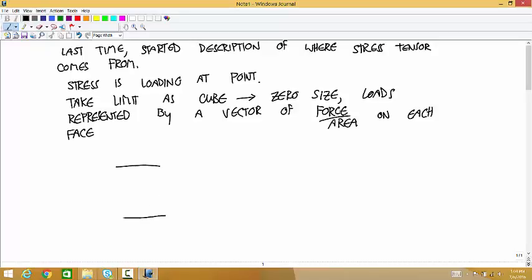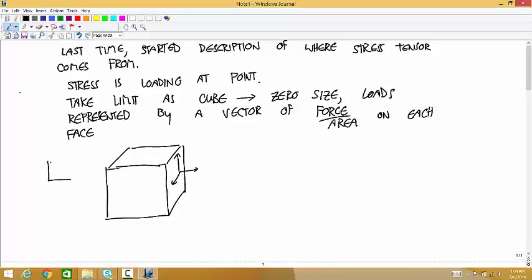So this cube is infinitesimal. As you take that limit down to 0 size, the forces also go to 0, but the force per area doesn't. So the force per area is a finite thing. And you end up with a force.